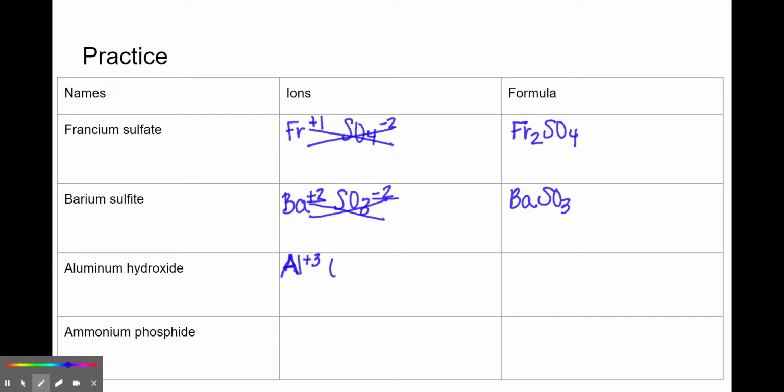So I go OH -1. Cross down my charges. I'm going to have 1 Al. I do not write the 1, but I have 3 of these OHs. OH is a polyatomic ion, so I have to write my parentheses. And I have 3 of those.